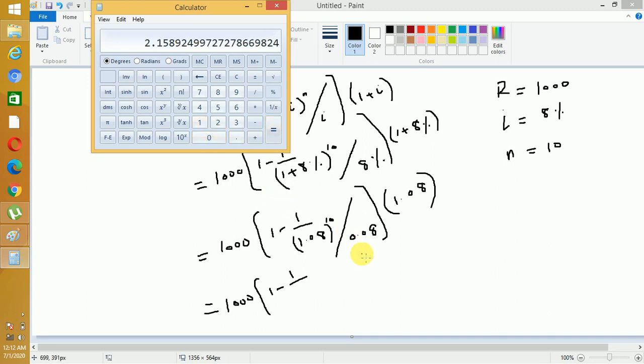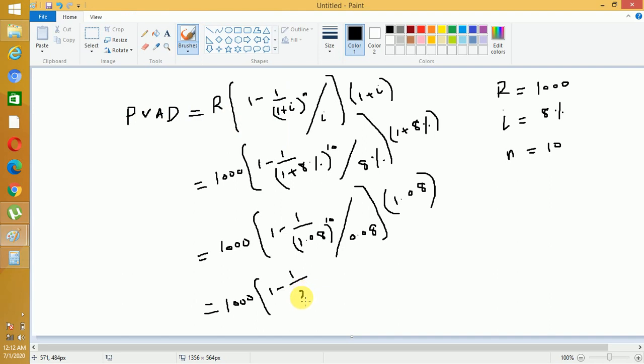So we got 2.1589. Whole will be divided by 0.08, close the bracket and multiply it by 1.08, this one.